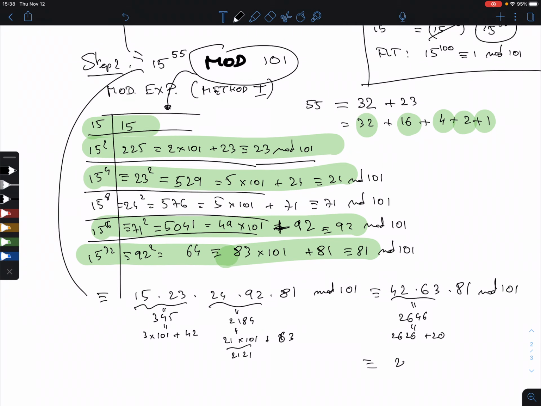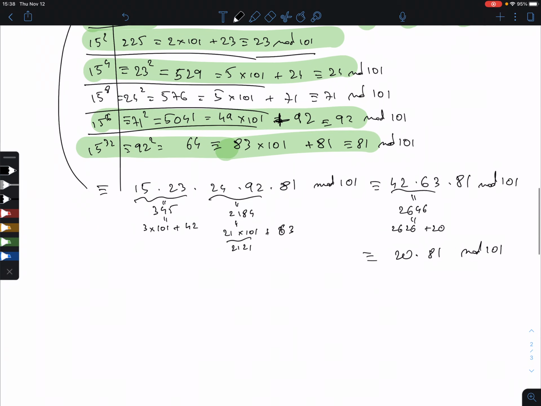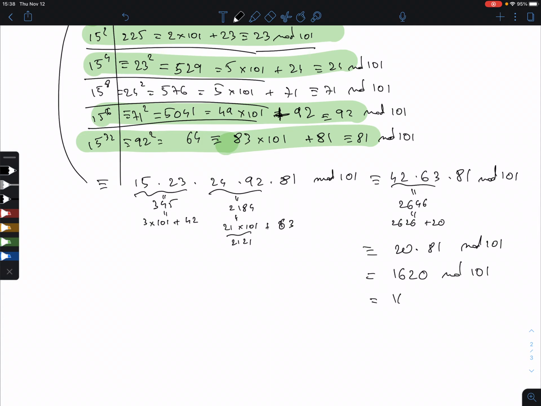So this is the same as 20 times 81 mod 101. That is the same as 1620 mod 101. So this is 16 times 101 plus 4. So this is 4 mod 101.